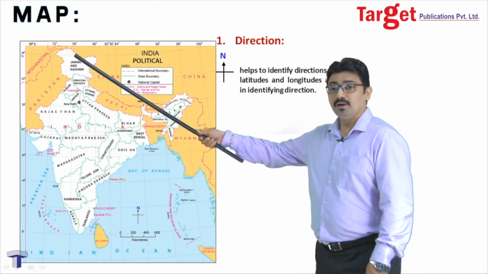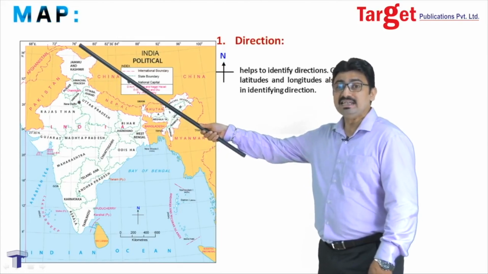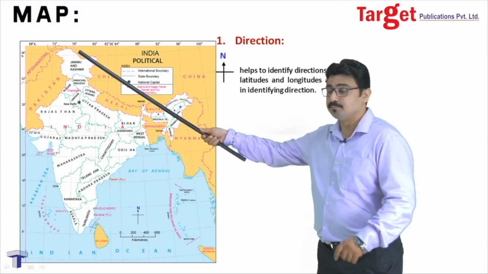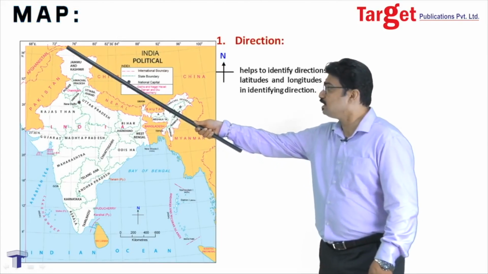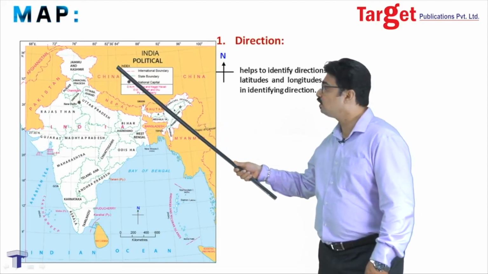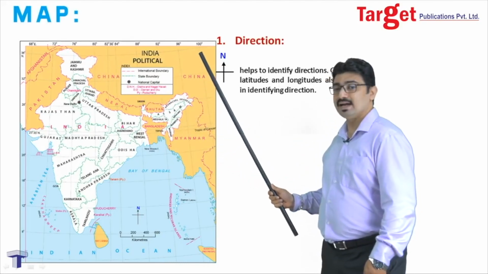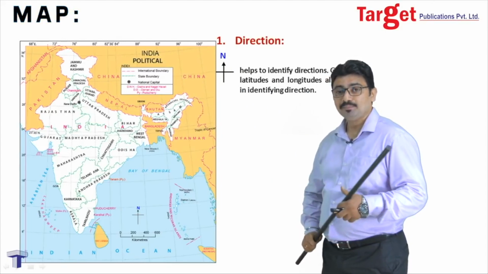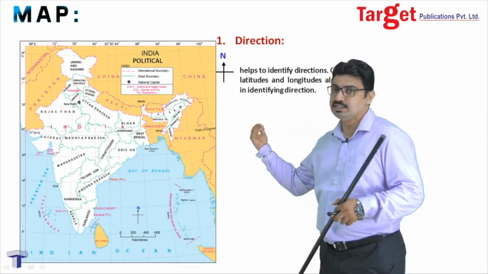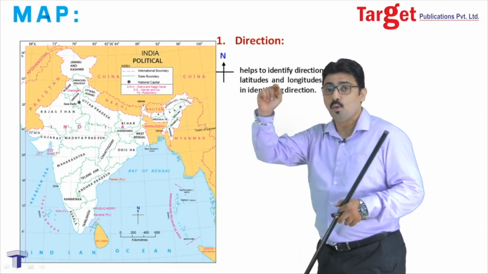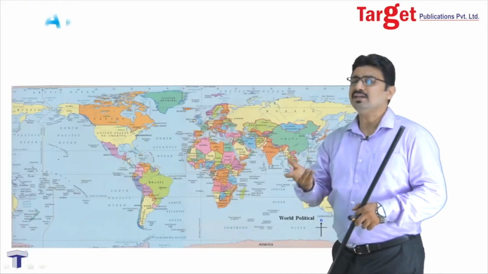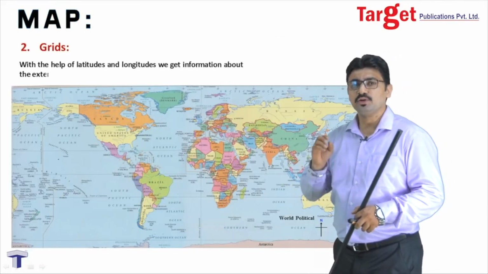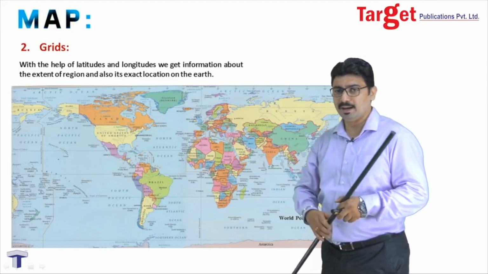Similarly, the number with E represents east or the eastern hemisphere. These numbers increase from the left hand side to the right hand side, which indicates that the right hand side is the east direction and the left hand side is the west direction. Either of these two ways is used to represent the direction on a given map.